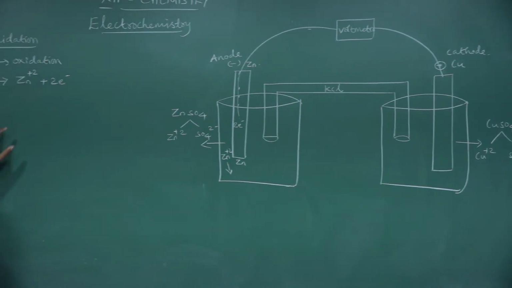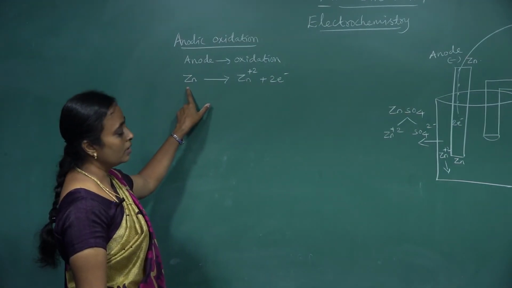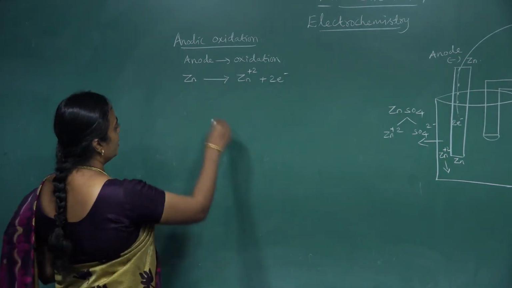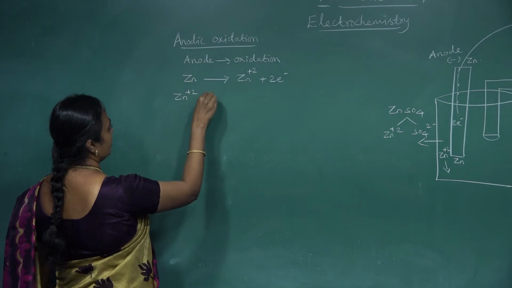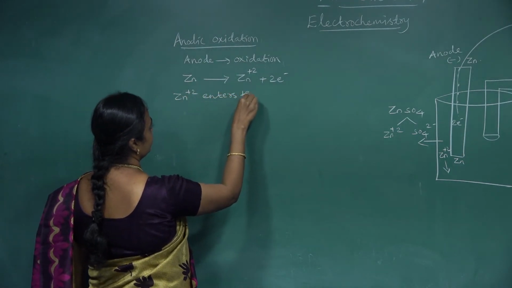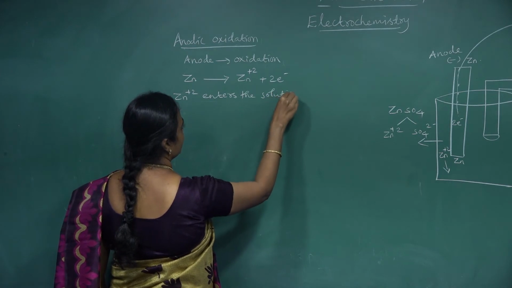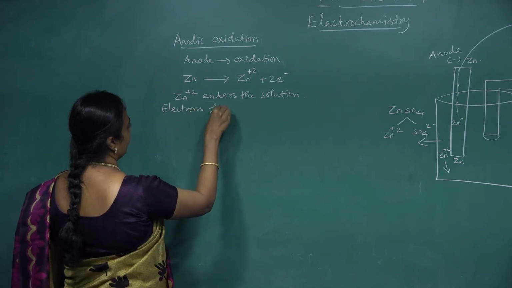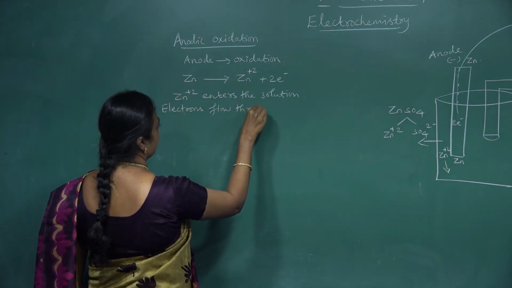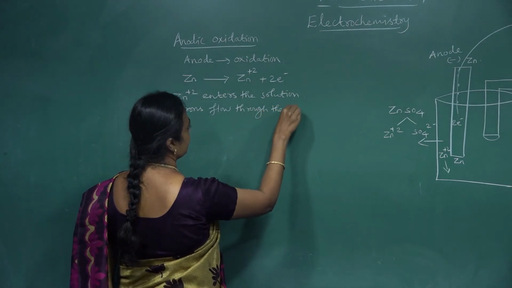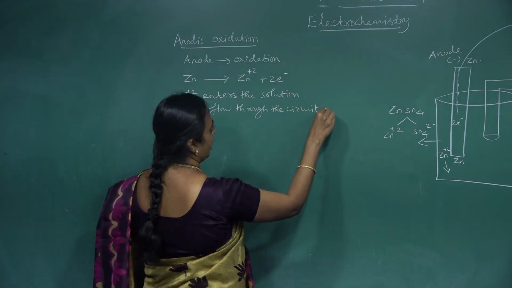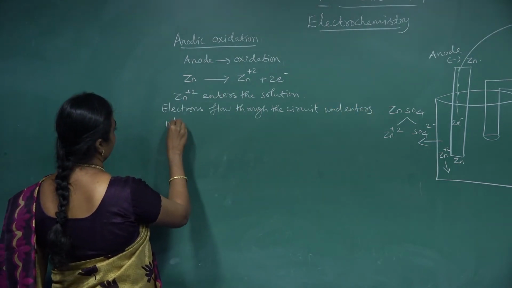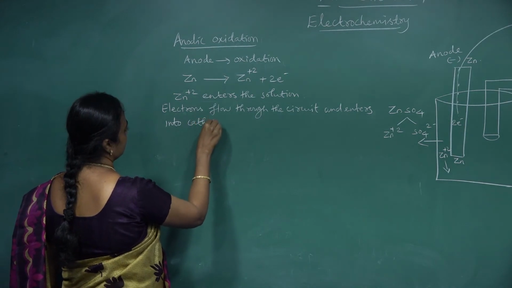So here what happened? The zinc undergoes oxidation, converted into Zn 2 plus ion. The Zn 2 plus ion enters the solution, and the electrons flow through the circuit and enter into the cathodic compartment.